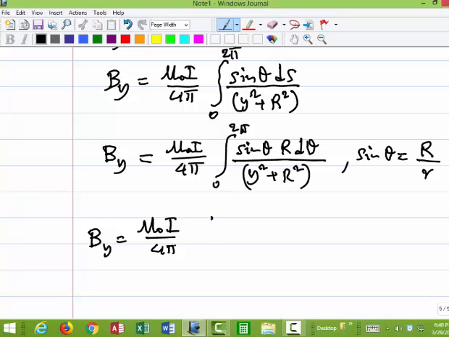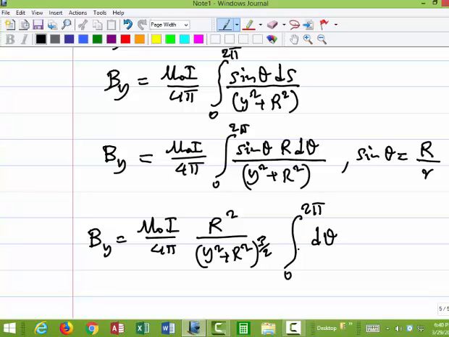And before that, let's do it this way. I'll put out the uppercase R, so I'll have R squared. Then I'll have y squared plus R squared raised to the power 3 over 2. And then I'll go from 0 to 2 pi d theta.